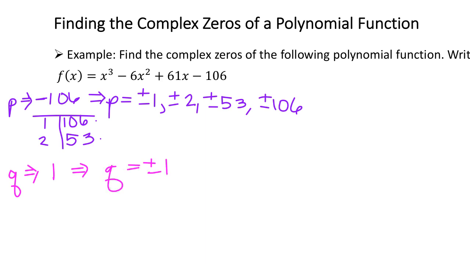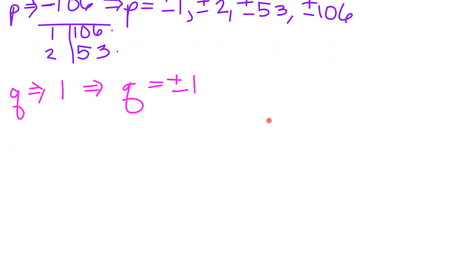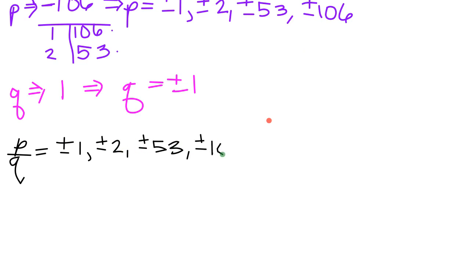All right. Now we'll create the ratio p over q, and that's going to give us possible values for our first root, or our first zero. So p over q, we get plus or minus 1, plus or minus 2, plus or minus 53, plus or minus 106.